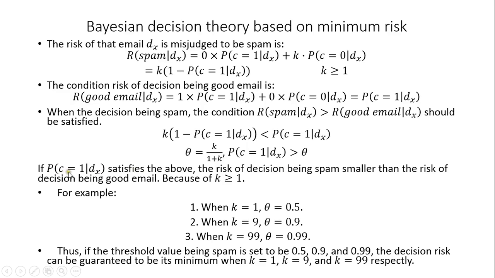And if the conditional probability here satisfies this equation, this condition, the risk of the decision being spam is smaller than the risk of decision being good email, because k is bigger than 1. We have some examples here for k equals 1, 9, 99. And thus we can set the threshold from these two examples.